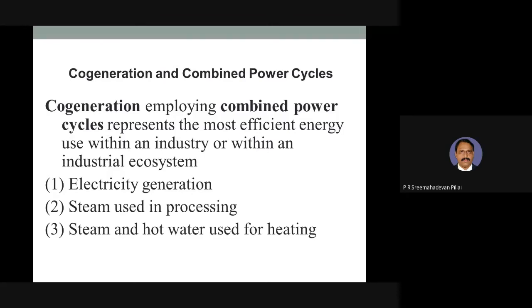Huge sealed pipes come from outside the plant, and inside the plant either coal or naphtha is being fired.